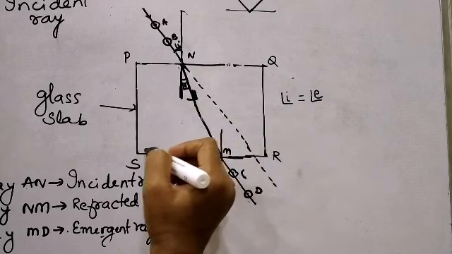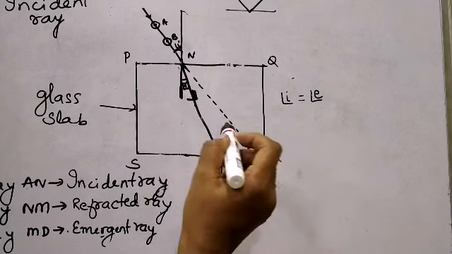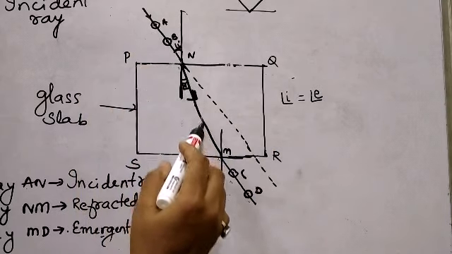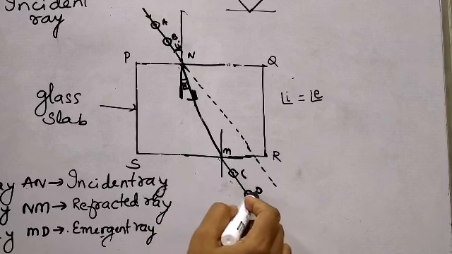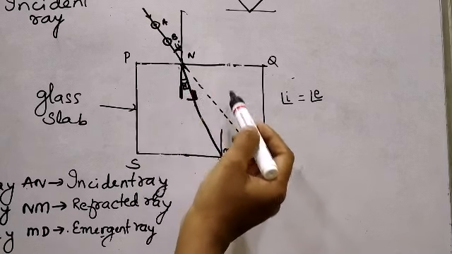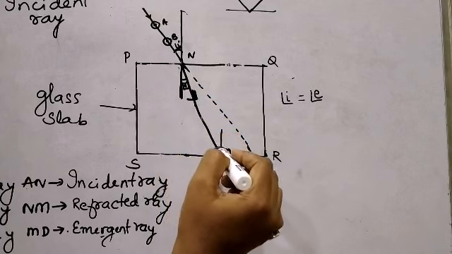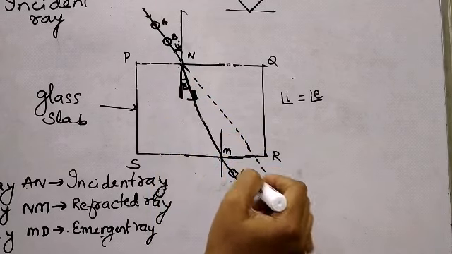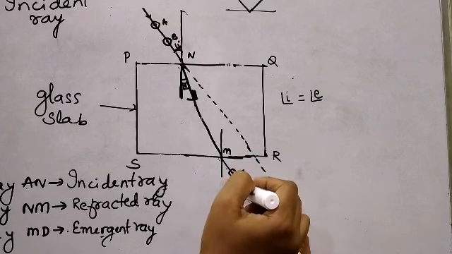Now in case of a glass slab, refraction of light takes place twice. Once when the ray of light travels from air into glass, and then when the ray of light travels from glass into air. Now let's consider the second refraction that is taking place. So the ray of light travels from glass into air. So what has happened once again? The ray of light has changed its path while traveling from glass into air.